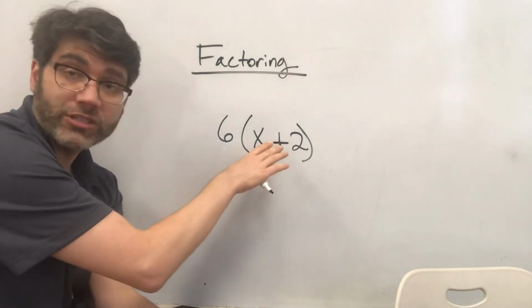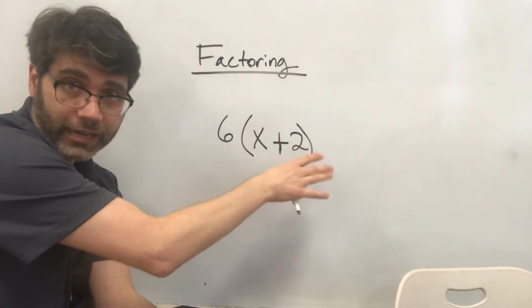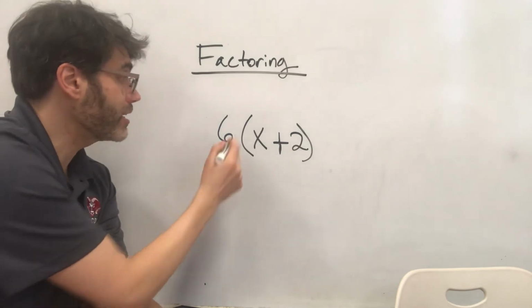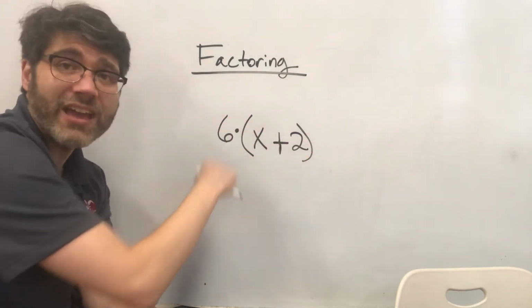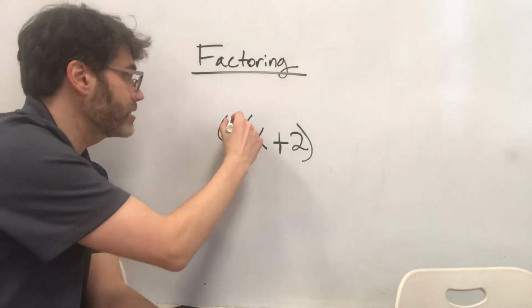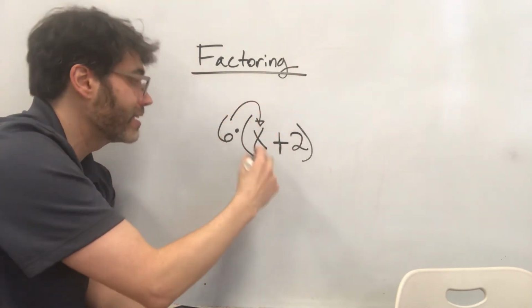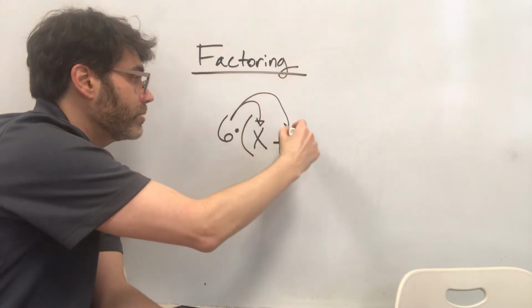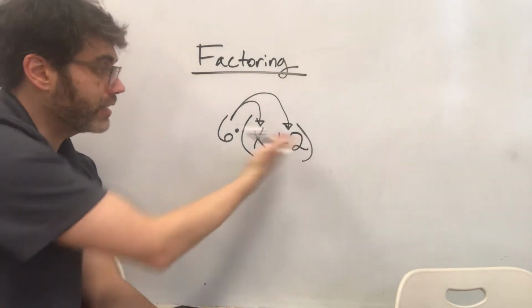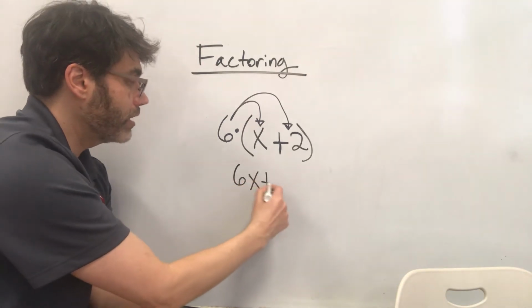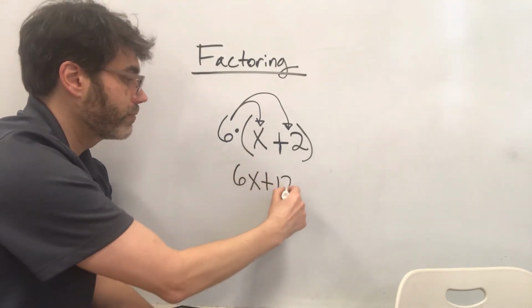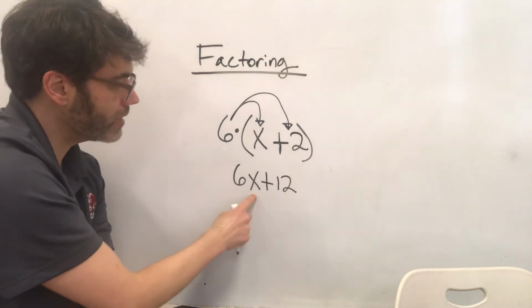If there are any subtraction symbols, we turn them into plus negatives, okay? And then the second thing is we put a little dot here to remind ourselves that 6 needs to be multiplied against everything in the parentheses. So here 6 needs to be multiplied by x, and then 6 needs to be multiplied against 2. So let's do the distributive property here. So we get 6x plus 6 times 2 is 12. Okay, so we have 6x plus 12.